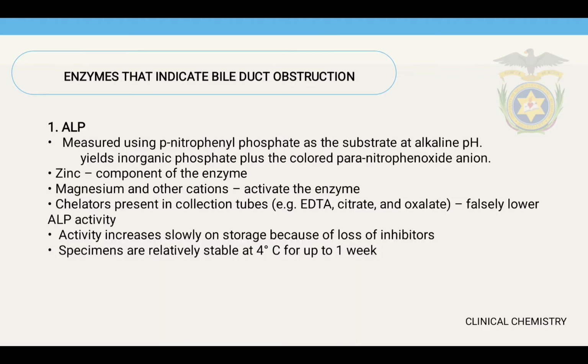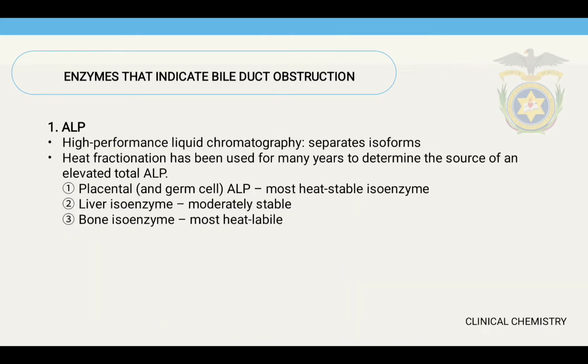Activity increases slowly on storage because of the loss of inhibitors, and specimens are relatively stable for up to 1 week when stored at 4 degrees centigrade. We can use HPLC, or high performance liquid chromatography, when separating ALP isoforms.